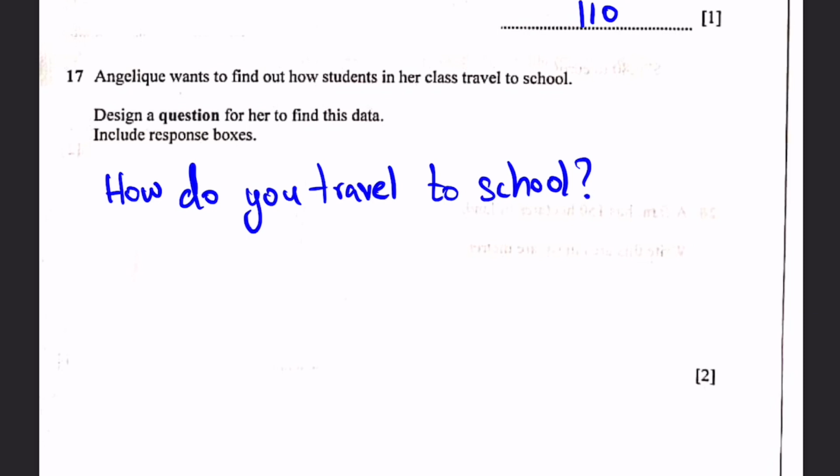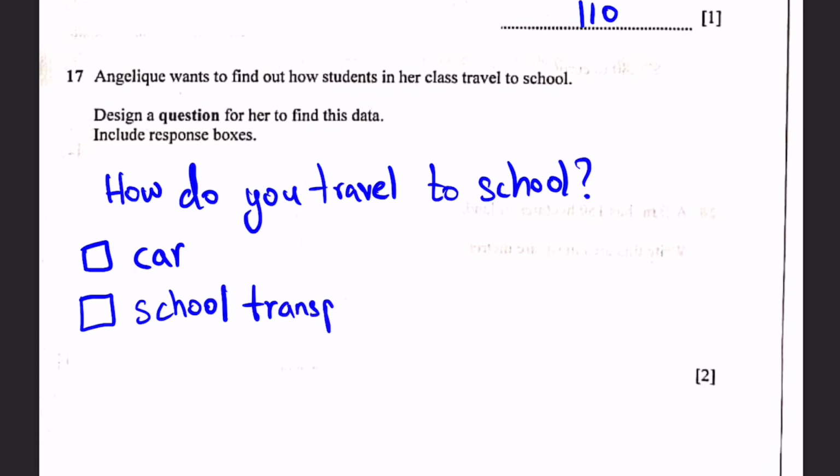One person might say car, one person might say the school transport, another might say on foot, another might say bicycle, another might say a van, and so on. Many options. So we'll take a few of the most obvious ones. Our first option is a car, our second option is school transport, so transport provided by the school.